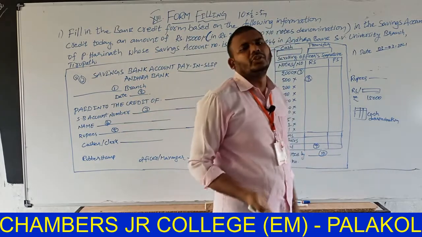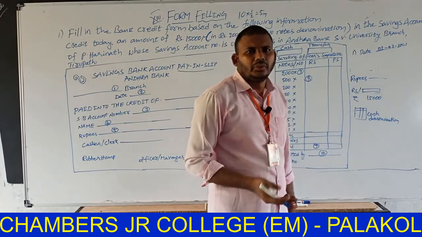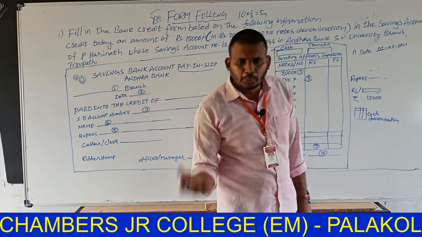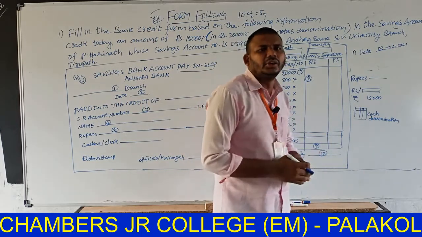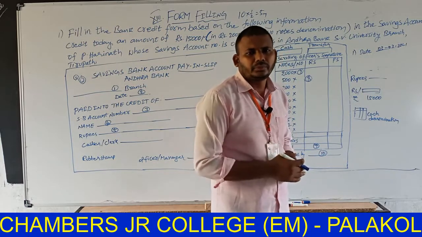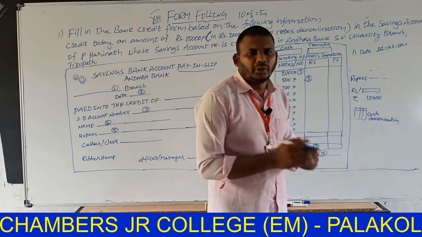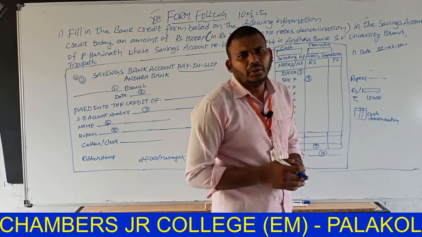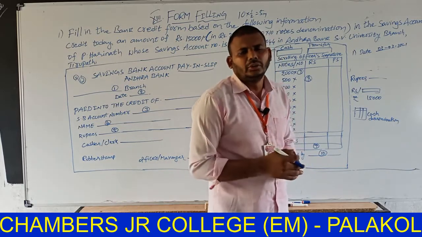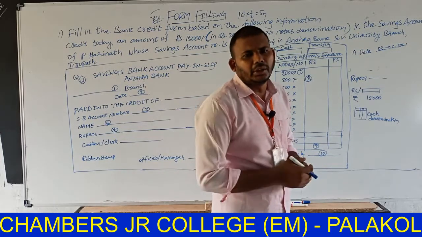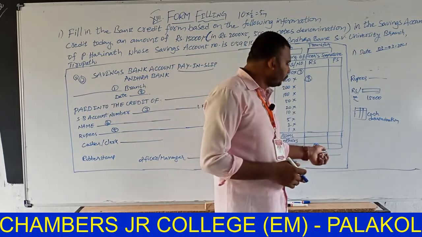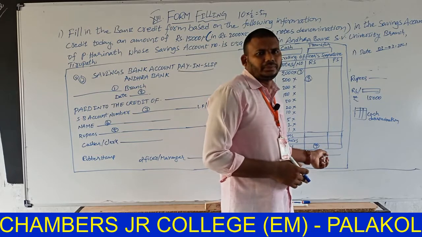If a second person is given, just check who is the depositor and who is the account holder. You need to write the depositor. As I said in the example, your father has sent you to deposit 15,000 rupees in his account. Your father will become the account holder and you will be considered the depositor. Then you can put your signature here.